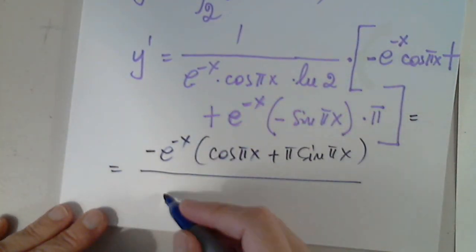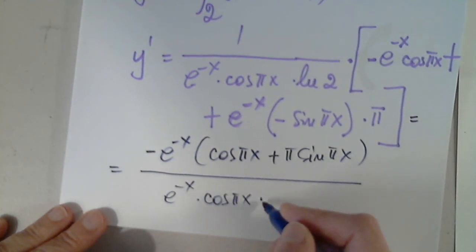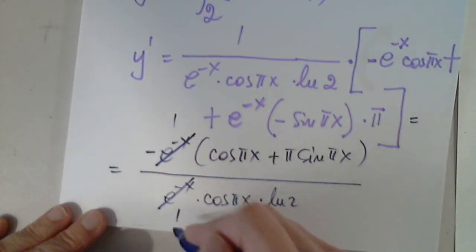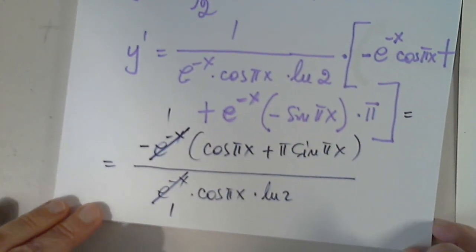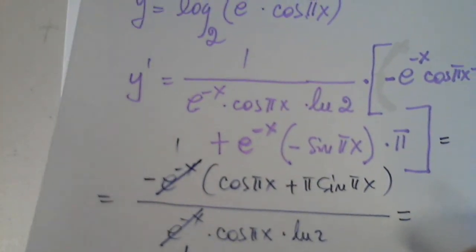Everything divided by this, e to negative x times cosine pi x times natural log 2. And I can get rid of a little piece. It's still something. So I'm going to write the final answer one more time here.